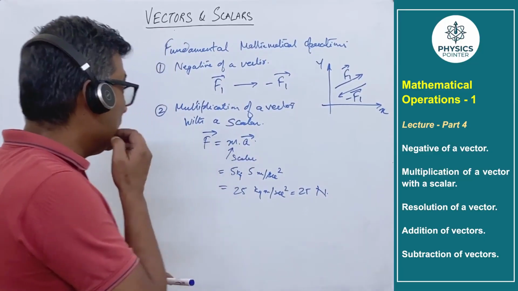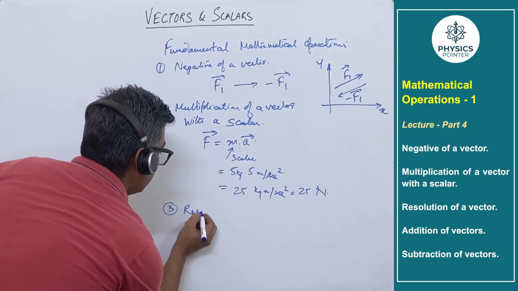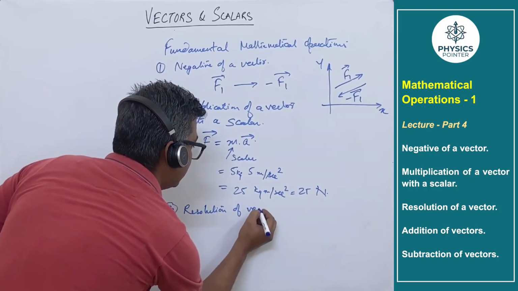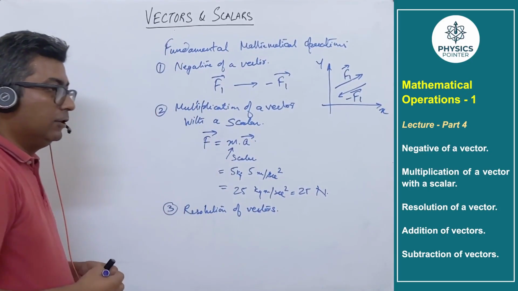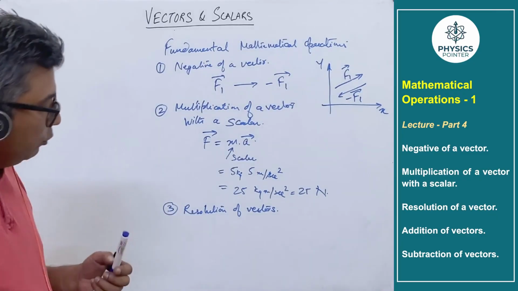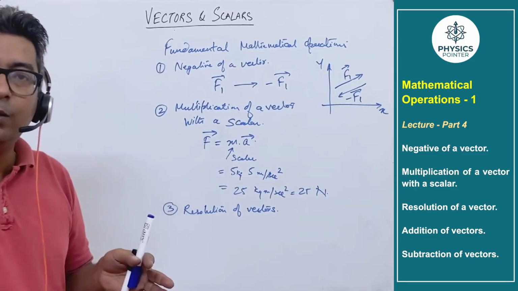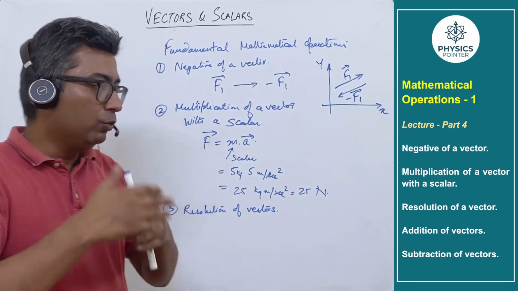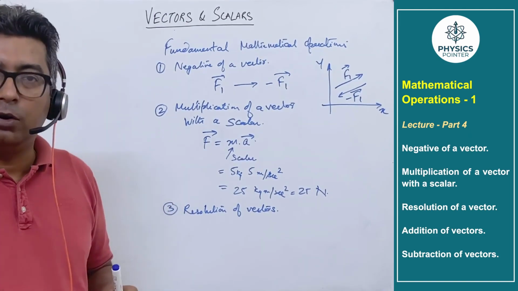Okay. Now, the third thing, which I already talked about, is the resolution of vectors, but actually it's part of the mathematical operations. Basically, it is a process of breaking a single vector into components that are directed towards standard Cartesian coordinates or standard polar coordinates.